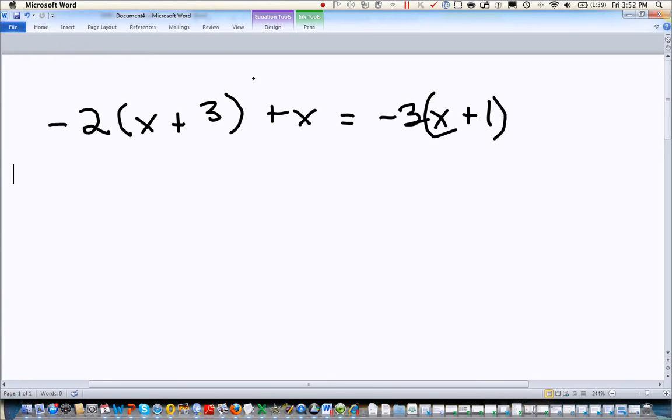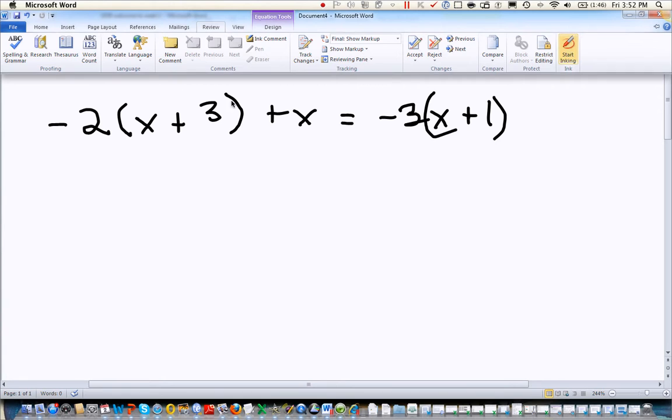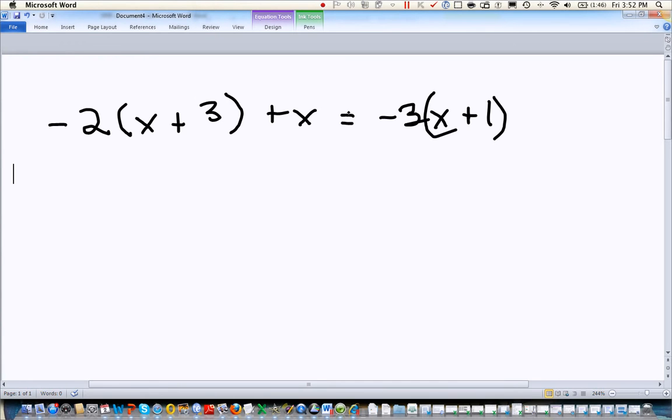The first thing I like to do is draw a line straight down the equal sign. Now this is going to help remind me of a couple different things.